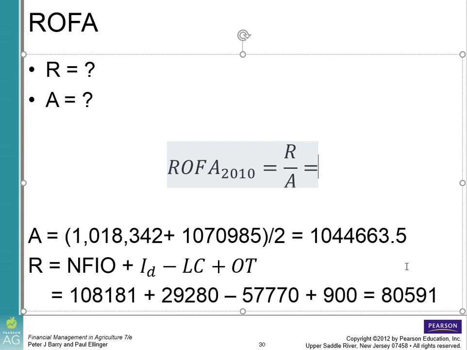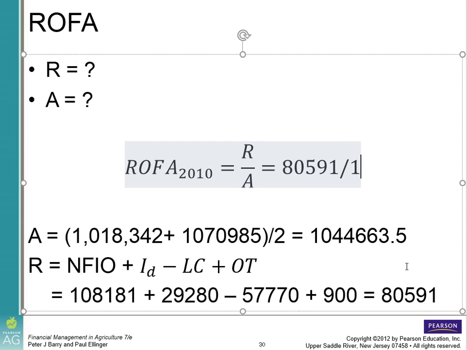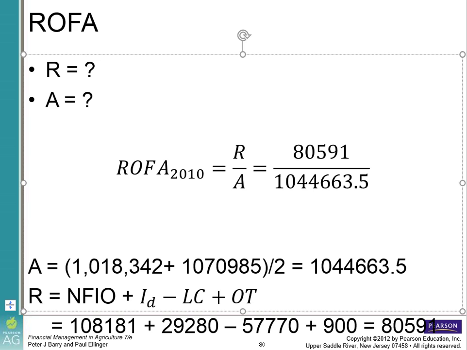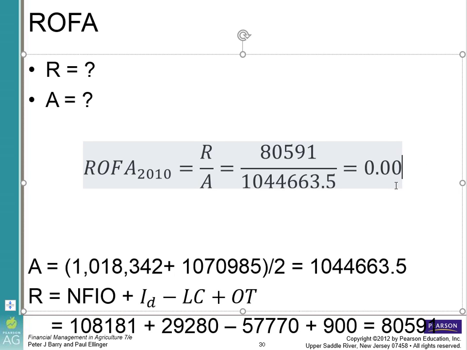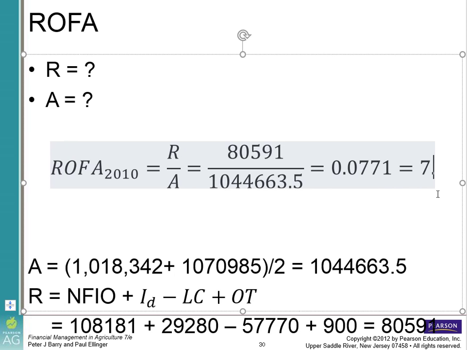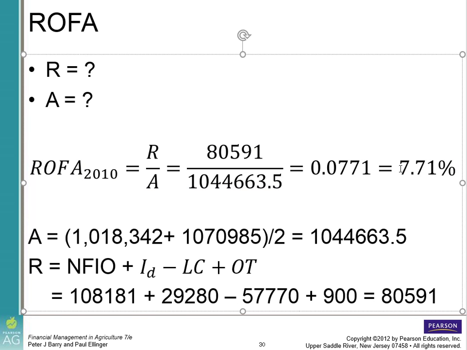So it is 8591 over 1044663.5. Okay, which of course equals 0.071. Okay, or you can write that as 7.71%. Okay, whichever is comfortable to you. So this here is your rate of return on farm assets.